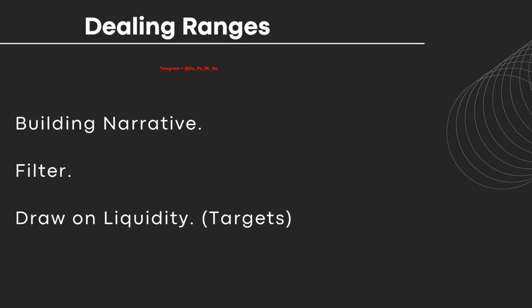The second aspect of the dealing range is that it is used as a filter, for weeding out the lower probability or low quality scenarios and only ending up with the ones that are highly likely and high probability in nature. Remember the first few chapters about market profiles, where I taught you that when an expansion profile tests a key level, the next likely profile is going to be a reversal profile.